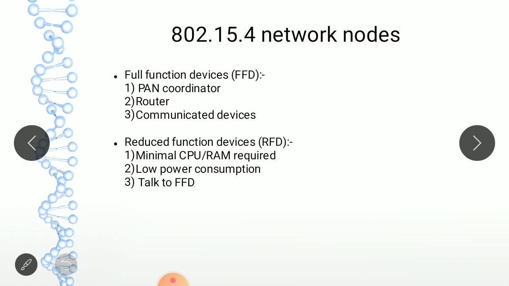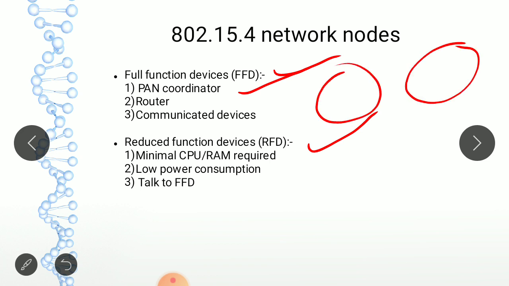Now there are two kinds of network nodes: FFD and RFD. FFD stands for full function device, like the PAN coordinator. The PAN coordinator creates the personal area network and connects to each network.